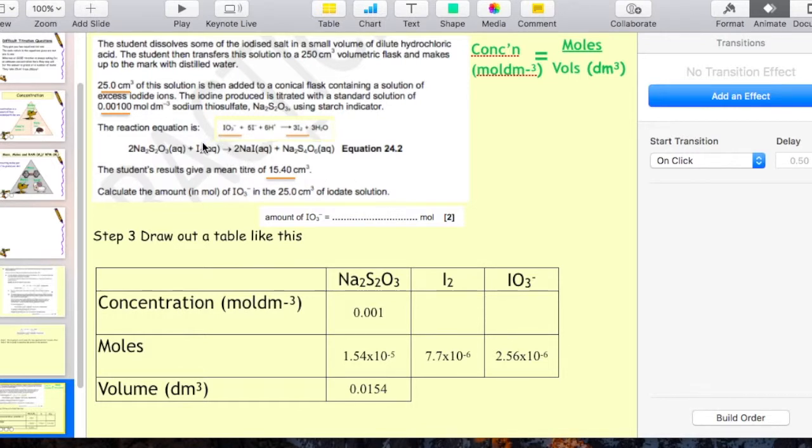So all of the iodine in here was produced here. The moles there and there are the same. Whatever amount of moles was produced there went into there. So now we have a known number of moles here and an unknown number of moles there.